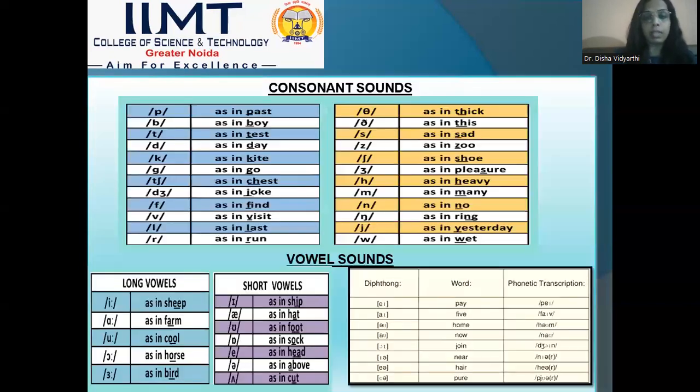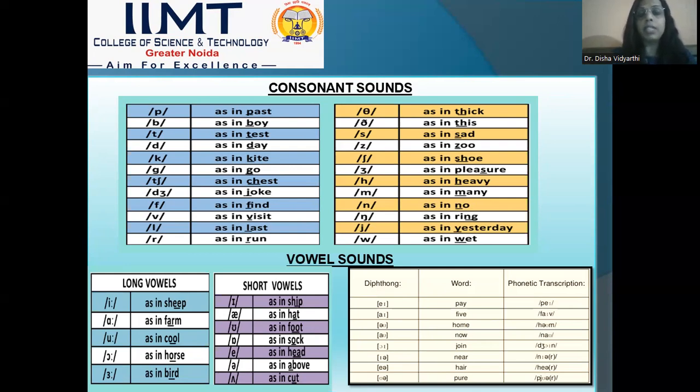Let's move further. Now, if you can see in the chart, these are the symbols. As I said, when any kid starts learning any language, and when we talk about English, they start with the alphabets, and they are made to write that this is A, this is B, this is capital C, this is small c.